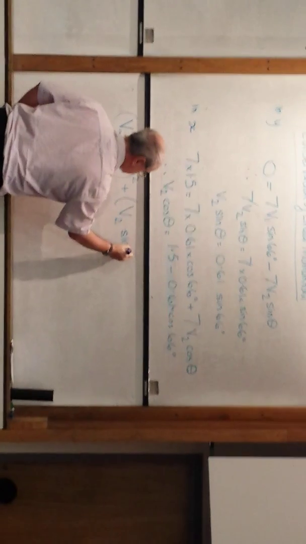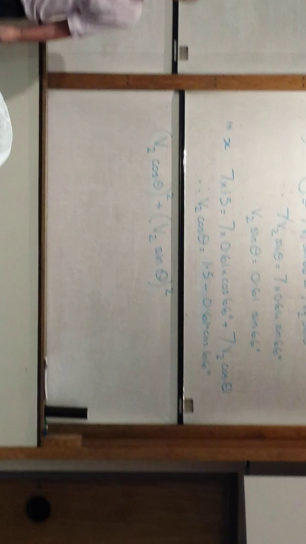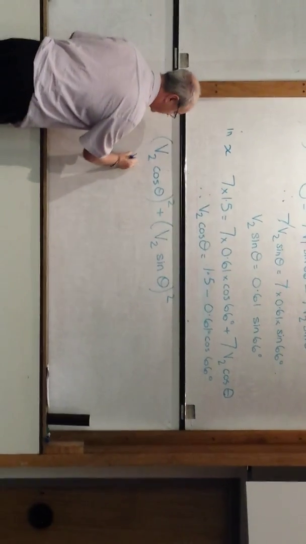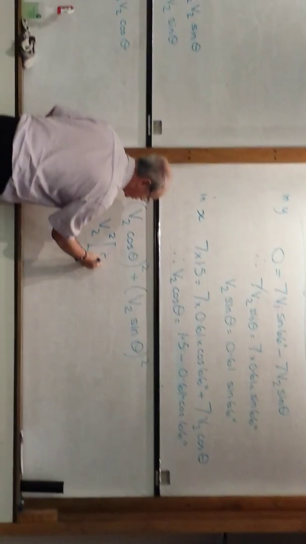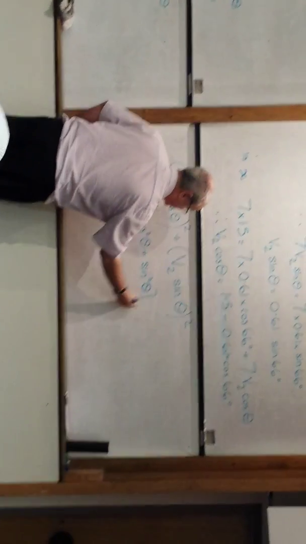So I've got two components: a v2 cos theta and a v2 sine theta. How can it work? Is that not v2 squared into cos squared theta plus sine squared theta?